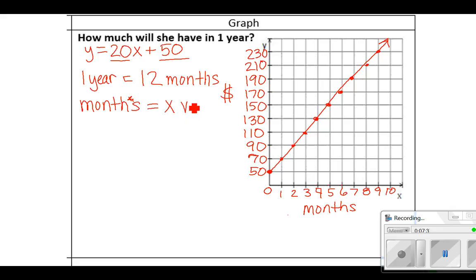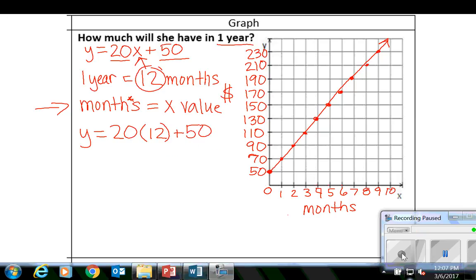It is the x value. So in our equation, we're going to substitute the number 12 in place of the x. You need to write this part so that you know which value we're replacing. So we have y equals 20 times 12 plus 50.